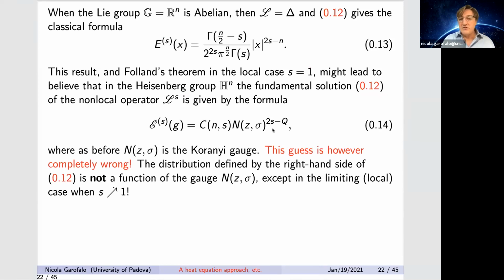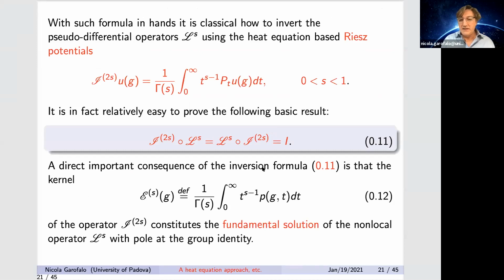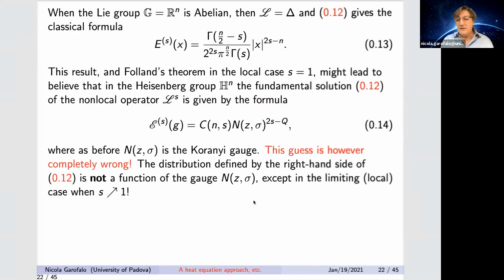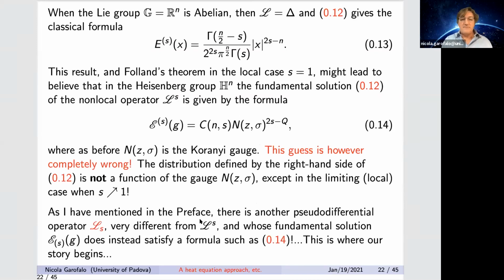The distribution defined by the right-hand side of this equation is not a function which has gauge symmetry. So it's not a function of the gauge, like in this wishful formula, except in the limiting case as s goes to 1. So you can only recover the limiting case, but not the fractional case.